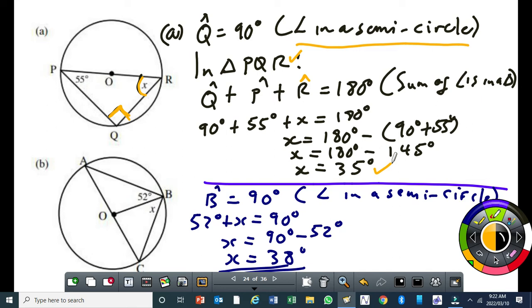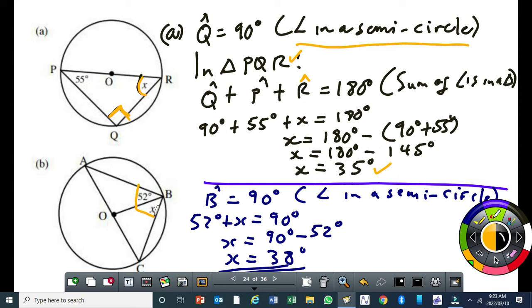Every time you see a diameter, theorem 3 must come into your mind. The moment you see that the person has got a diameter, one of the theorems you are most likely to need is theorem 3. Then for B, again, AC passes through the center, therefore it's a diameter, which means this whole angle ABC is going to be 90 degrees.